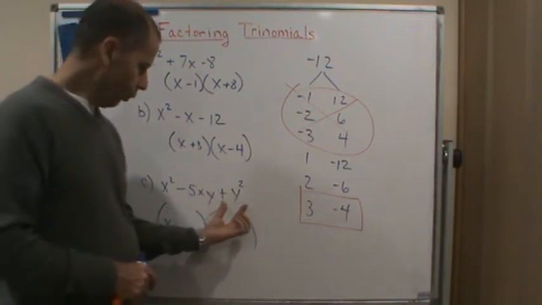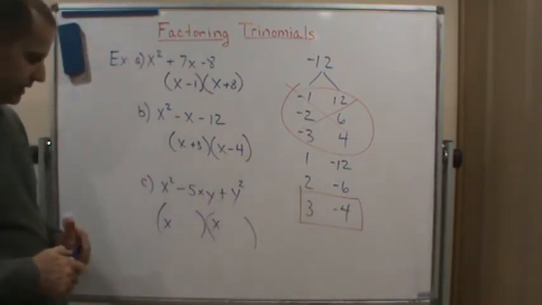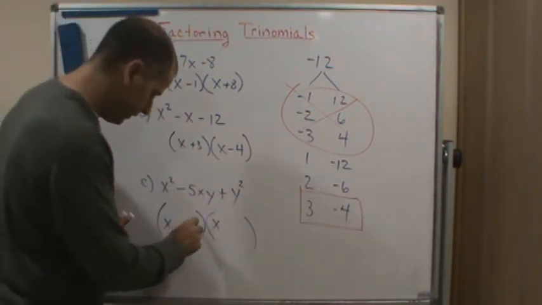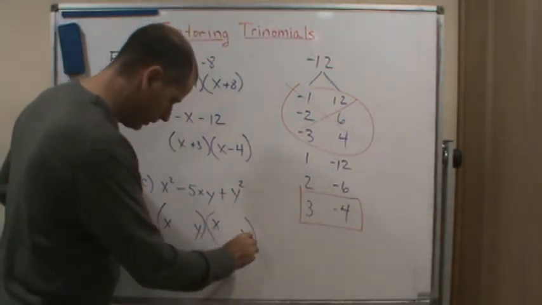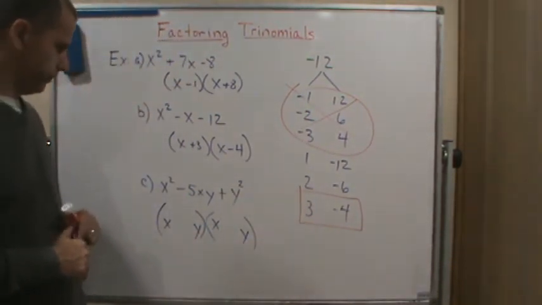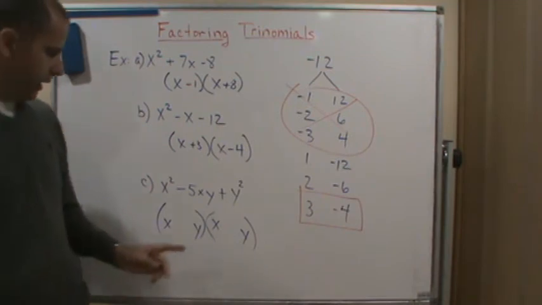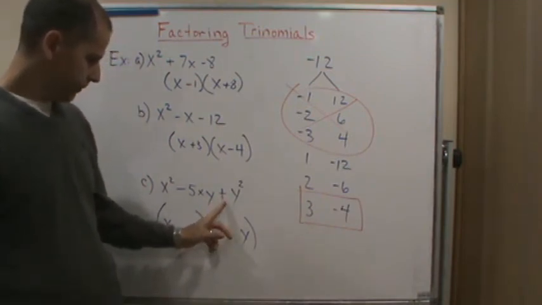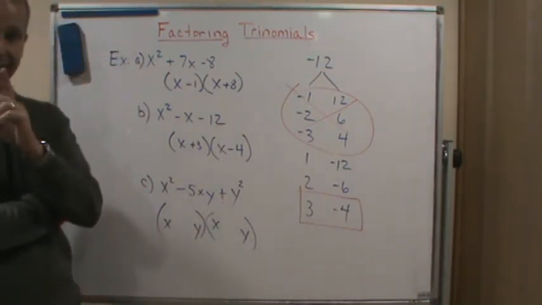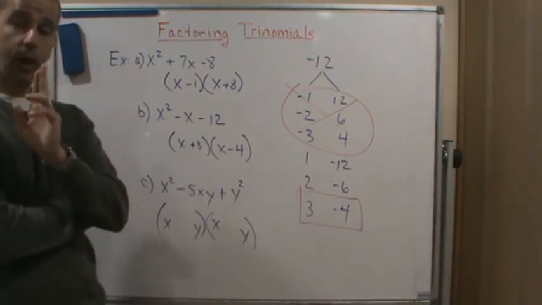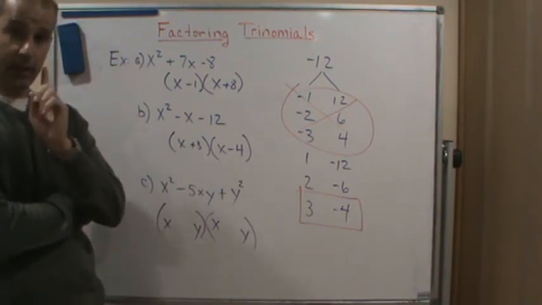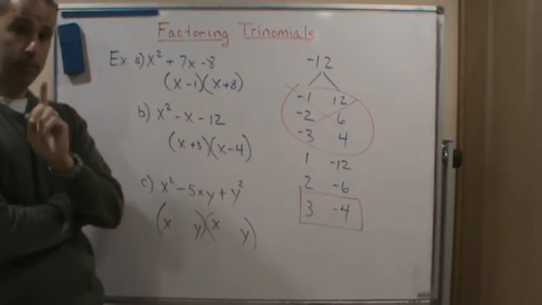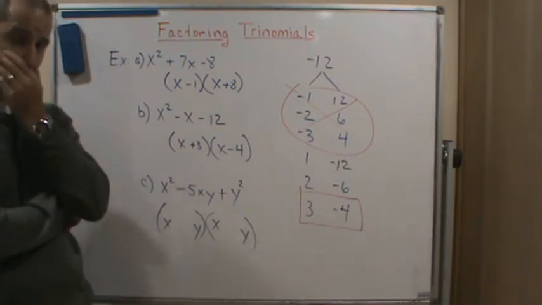Now, the only way to get y squared here is if I have y here. Now listen, this is positive, which tells me that both of the factors need to be positive or both of them are negative.